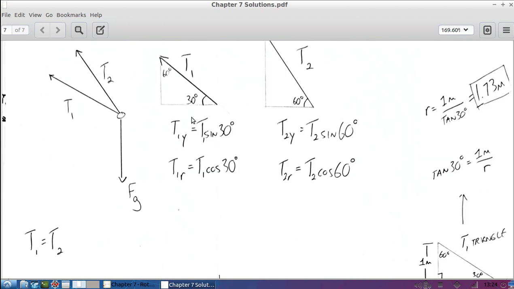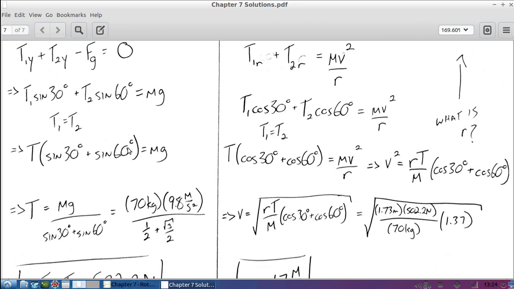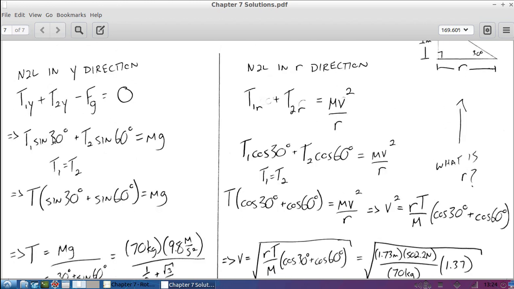So it's not going up and down in this direction at all. It's just going around in a circle along this plane right here. So the net force in the y direction is 0. Substitute my expressions in for T1y and T2y: T1 sine 30 plus T2 sine 60. Add the gravitational force to both sides.